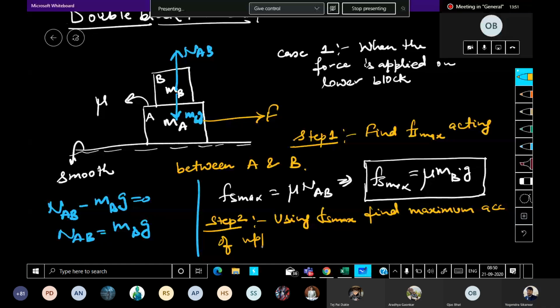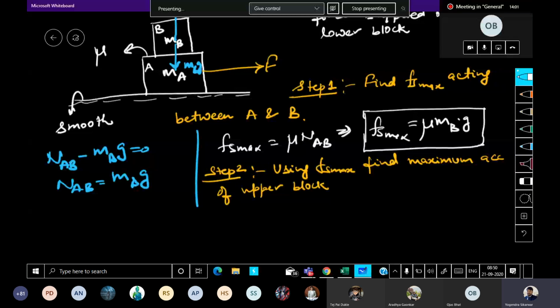So how to find that? Pay attention. So AB max, because the upper block is B. We are finding maximum acceleration. So AB max will be nothing but Fs max, because this was the force acting upon mass of B.